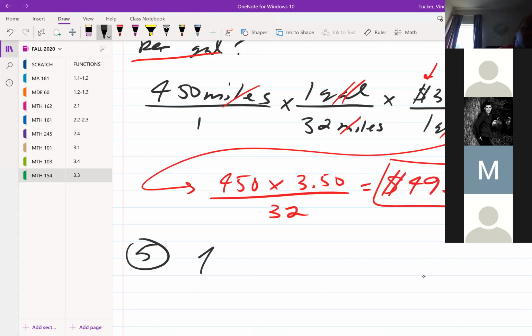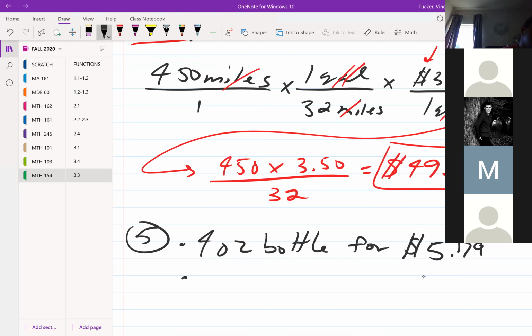They have a 4-ounce bottle of shampoo for $5.79. And then we have a 16-ounce bottle.